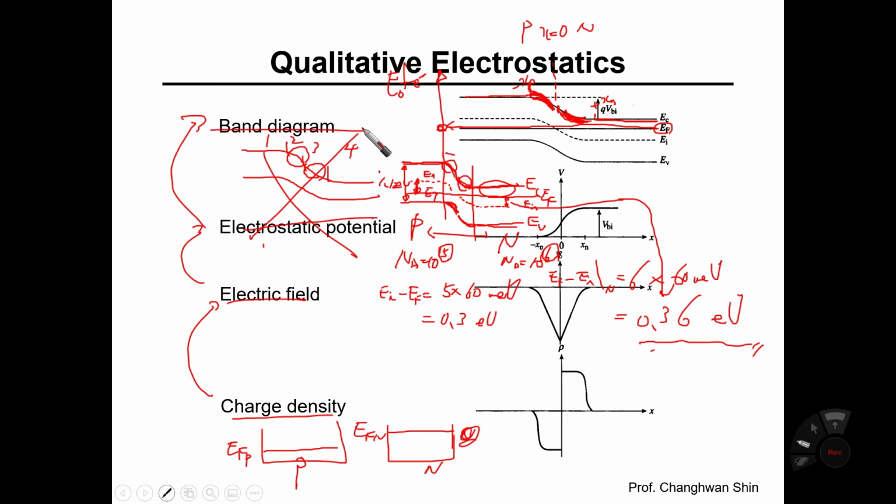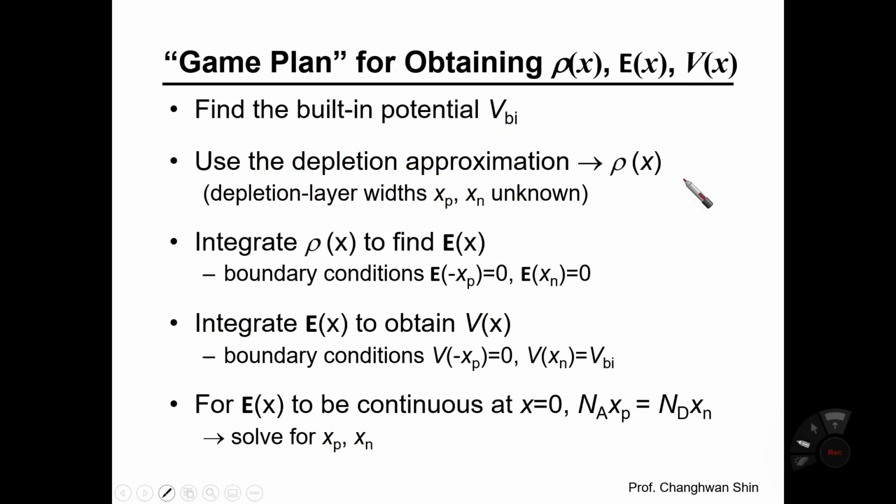And definitely you should draw the exact shape of the energy band diagram instead of doing this. Do not do this anymore. Just draw clearly and then connect them. So please practice at home as much as possible.